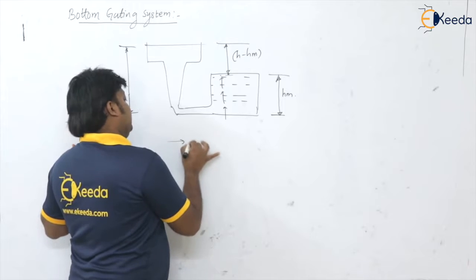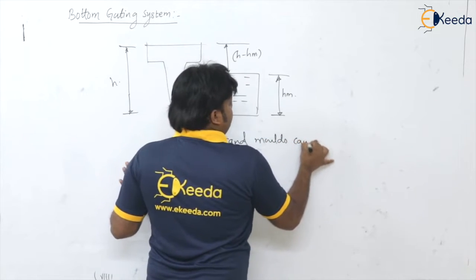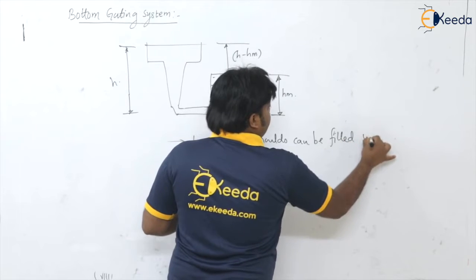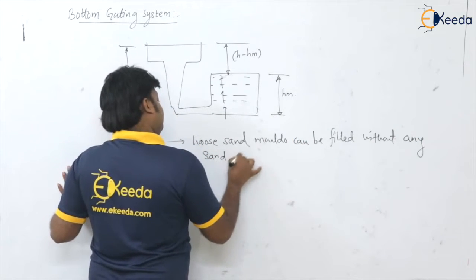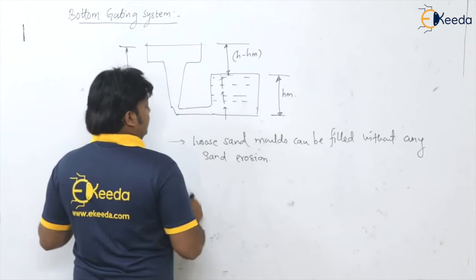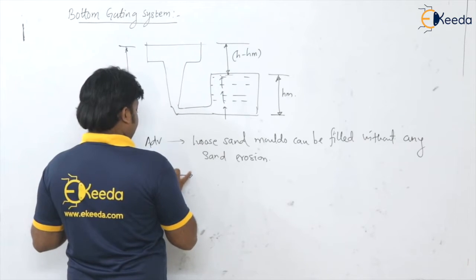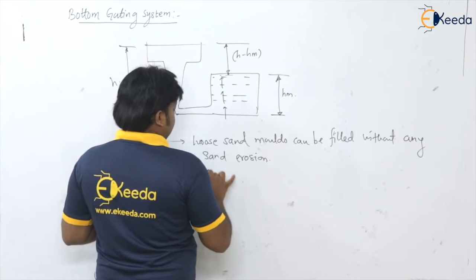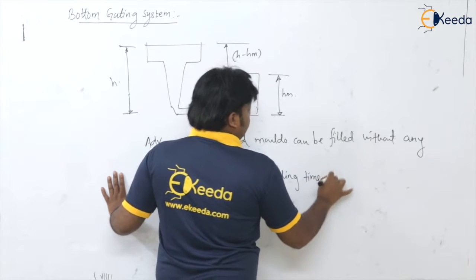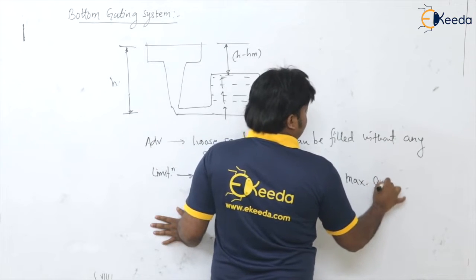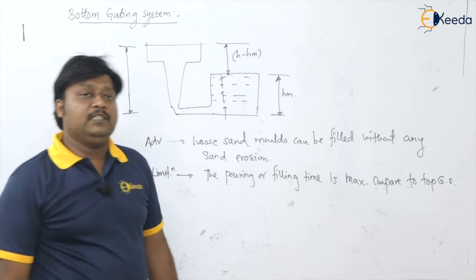So here loose sand molds can be poured or filled without any sand erosion, okay, but this is the advantage, and the limitation is that the pouring time or filling time is maximum compared to the top gating system. So this is the bottom gating system.